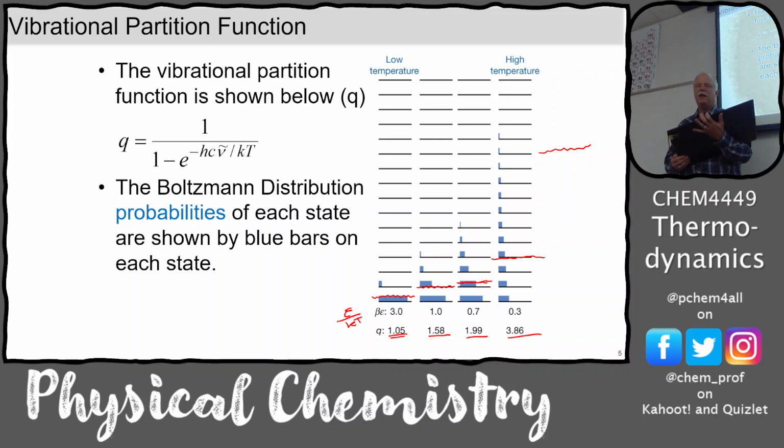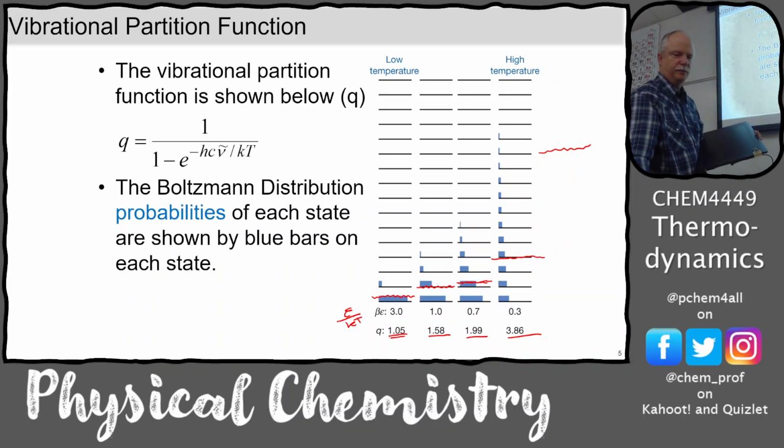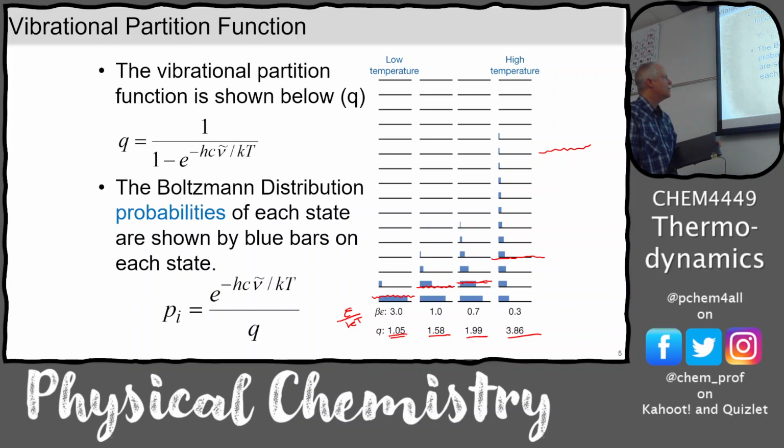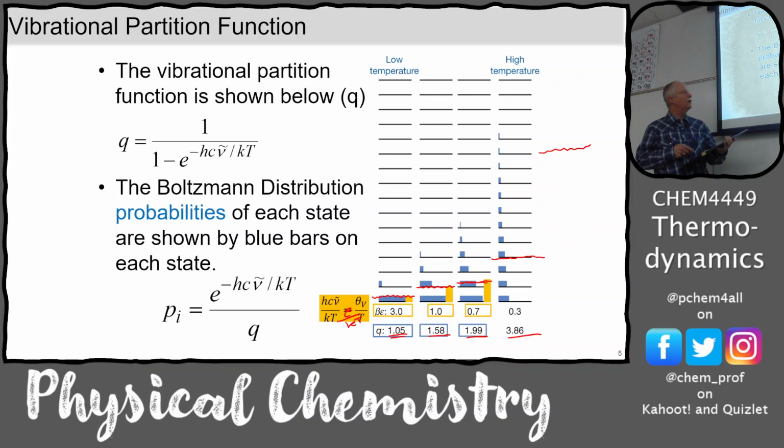We'll see in another couple of lectures why that's a big deal. At this point, it's not quite clear, I'm sure. Now, the probability of any given level, again, is the energy of that level divided by Q. So we can calculate the probabilities of any of these blue bars using that. I'm just kind of walking through that whole thing.